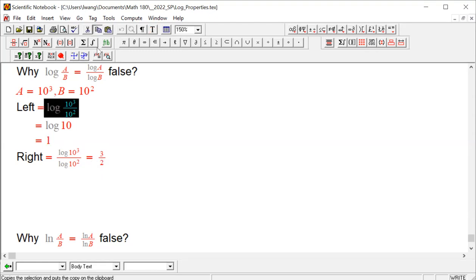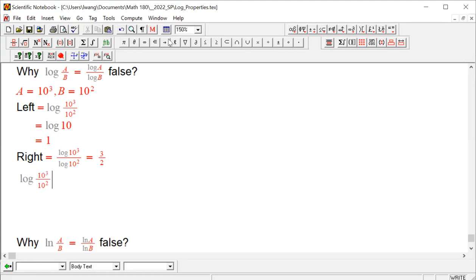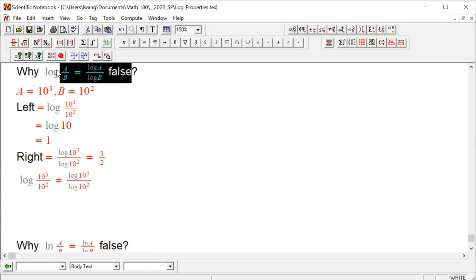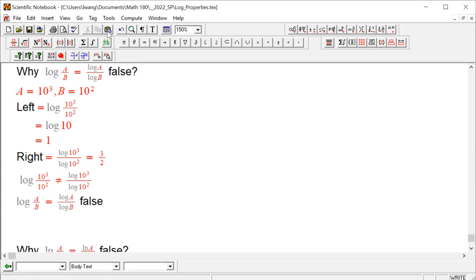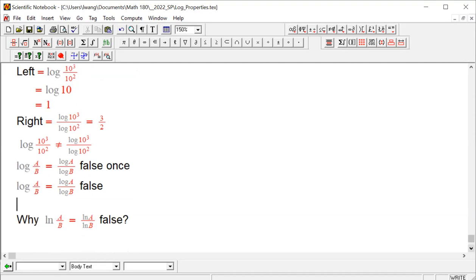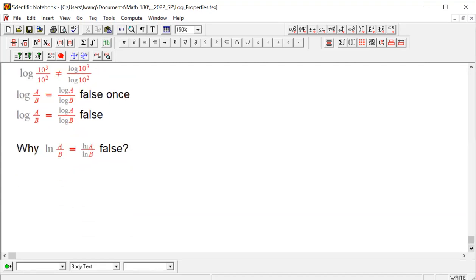Therefore, in this case, they are not the same. And what it says is that this piece is false once. False once, false. You can see those examples are not very hard to make, but you have to think about it. Okay, so false once, false.